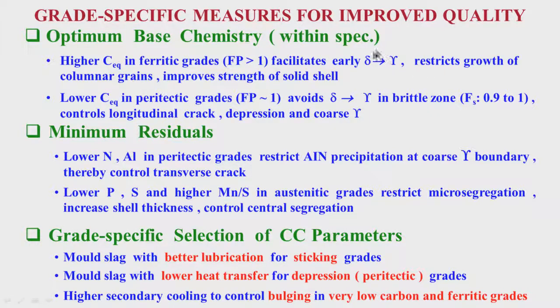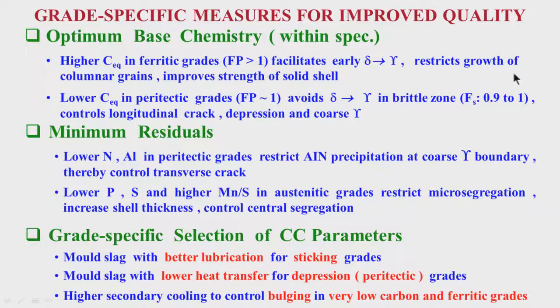Another issue is because the delta to gamma is taking place at much lower temperature, there is a possibility of grains of delta growing to quite a big size. If the delta grain sizes are big, then also it is not a desirable situation. The problem of crack formation is also there.